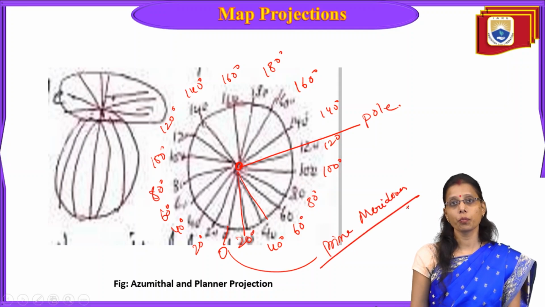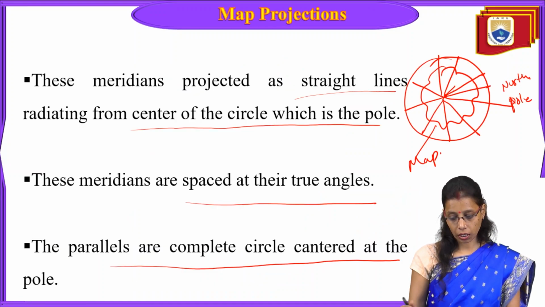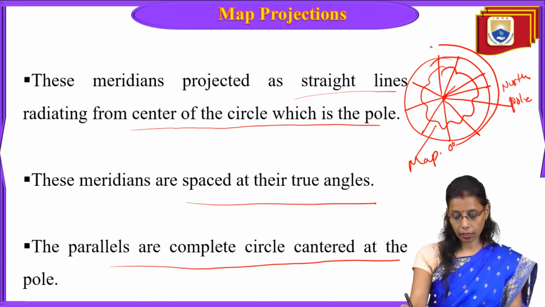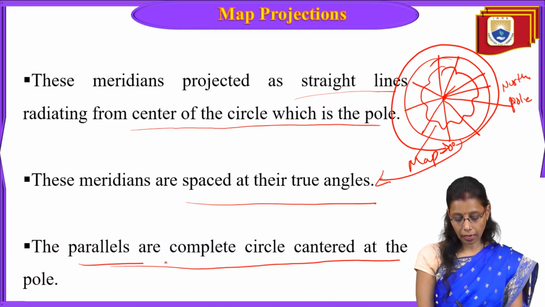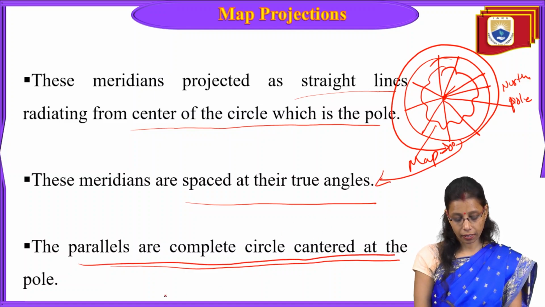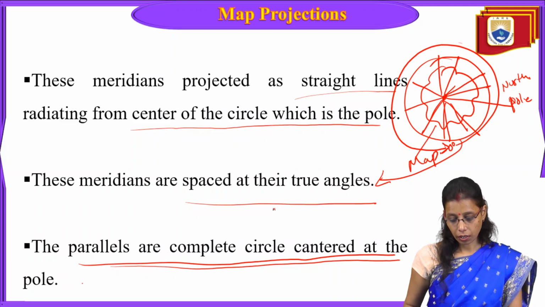So this is how the azimuth and planar projection looks. From 0 degrees, it will go like this and complete here. The parallels are complete circles centered at the pole, and the straight lines radiating from the center of the circle, which is the pole, is called the azimuth or planar projection.